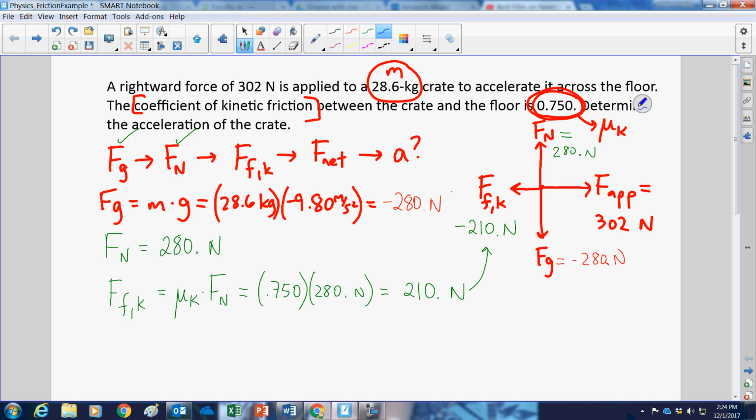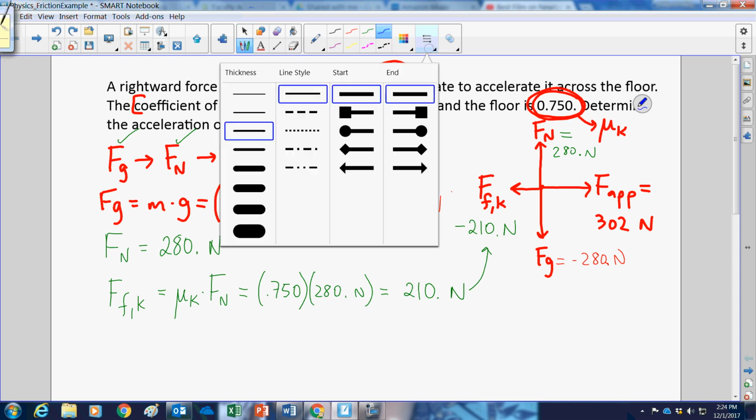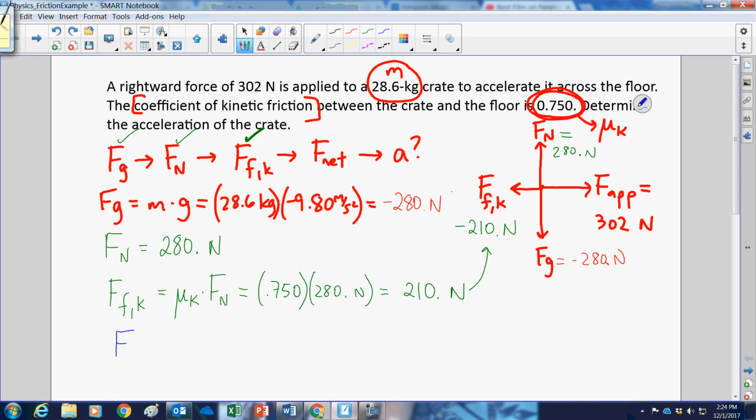Okay, so we got force of friction. Next step is to find net force. Okay, so net force is equal to the sum of all the forces on the diagram. Now technically, I should add up all four of them. But, I mean, is it okay if I know normal force and gravity cancel each other, so I'm not even going to put them on here. You could if you wanted. But they point up and down, and that gets kind of confusing.